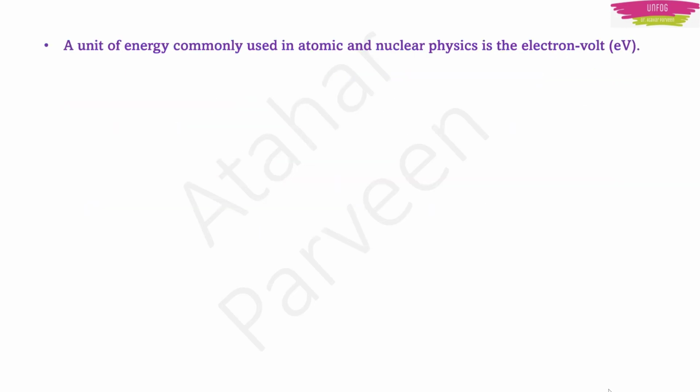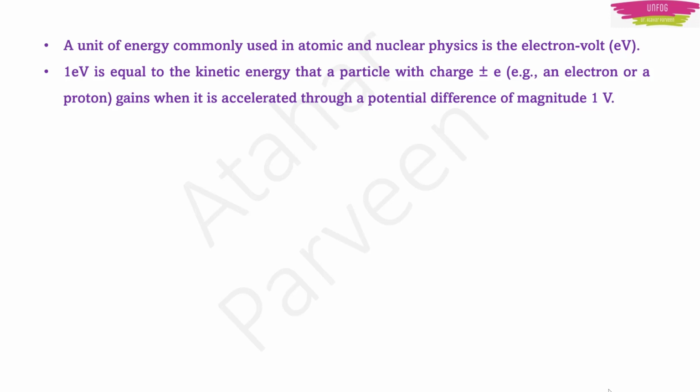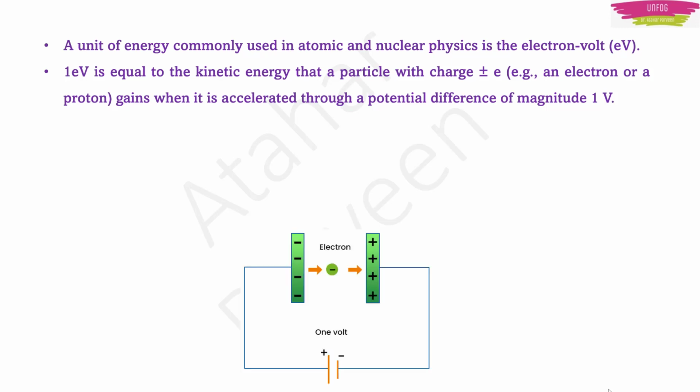Now what is the unit of energy? We commonly use electron-volt, right? In atomic and nuclear physics, the unit of energy is electron-volt, eV. E is a small letter, V is a capital letter. But what is this eV? It is how much kinetic energy a charged particle gains when it is accelerated through a potential difference of magnitude 1 volt.